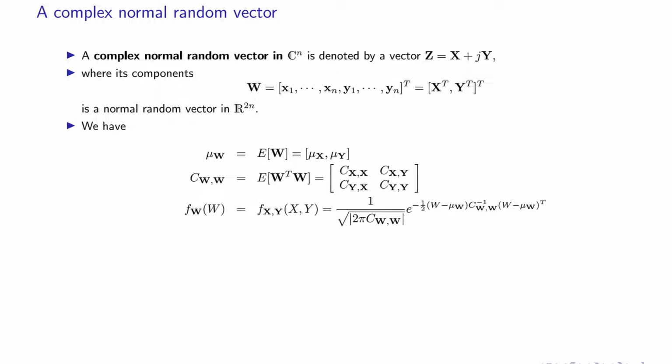Those cases are when we are dealing with a normal complex random vector which has specific properties, and those properties we call circularly symmetrical.